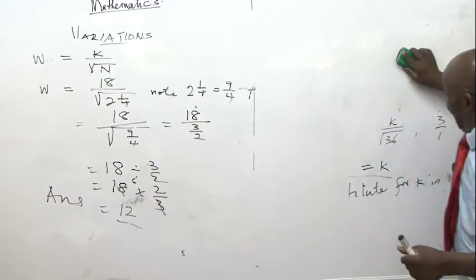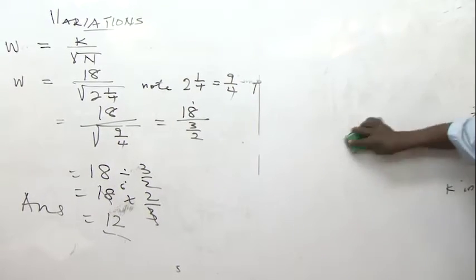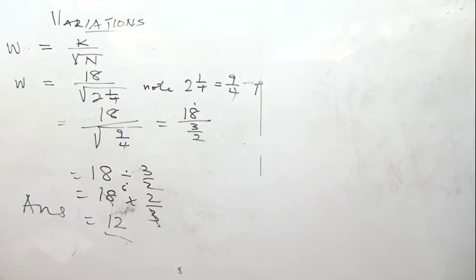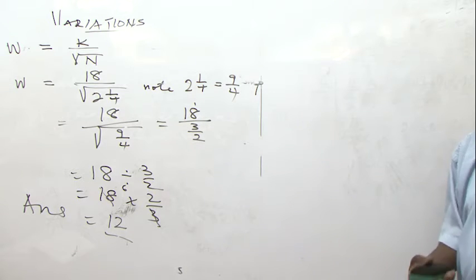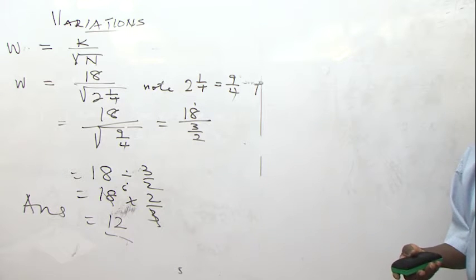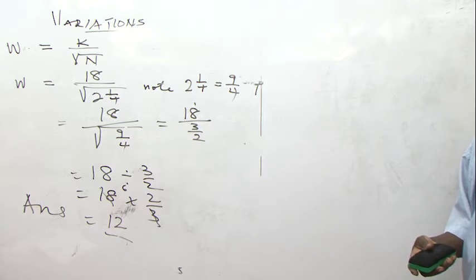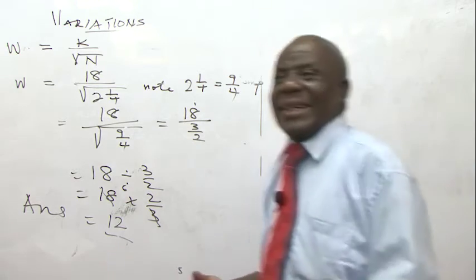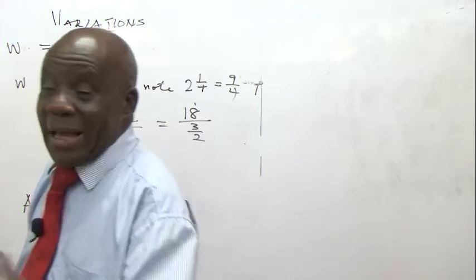Volume of a cylinder, height and radius, they are joint. Yes, there is a relationship between volume of a cylinder, radius of a cylinder, and the height. That is joint variation. There is a relationship between your height, your weight, and your age. If your age increases and your height decreases, it means something is happening to you.